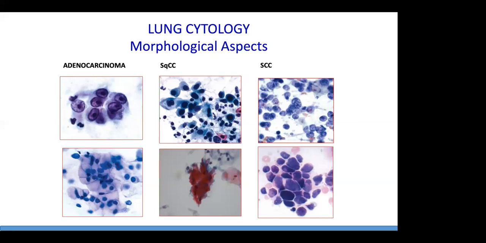A good morphologist, cytopathologist, looking at adenocarcinoma, knows that they have big nuclei, prominent nucleoli, sometimes mucus in the cytoplasm. When you look at a squamous cell carcinoma, they have keratinization in many cases. You have pyknotic nuclei, smooth chromatin, very well defined borders in the cells. If you look at a small cell carcinoma, you have salt and pepper chromatin, dirty background, molding. So it is quite classic.